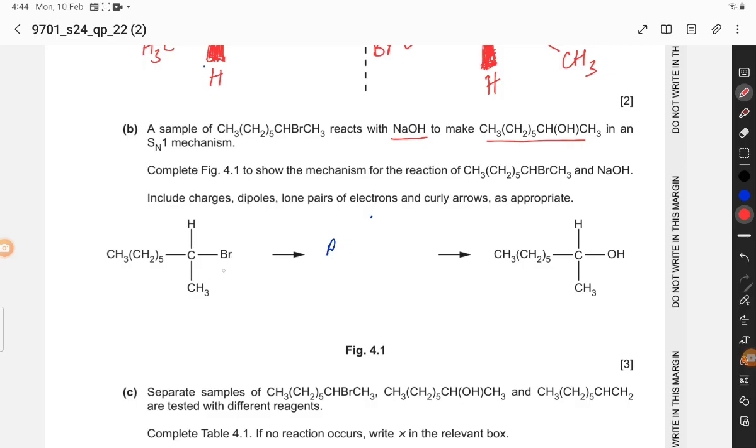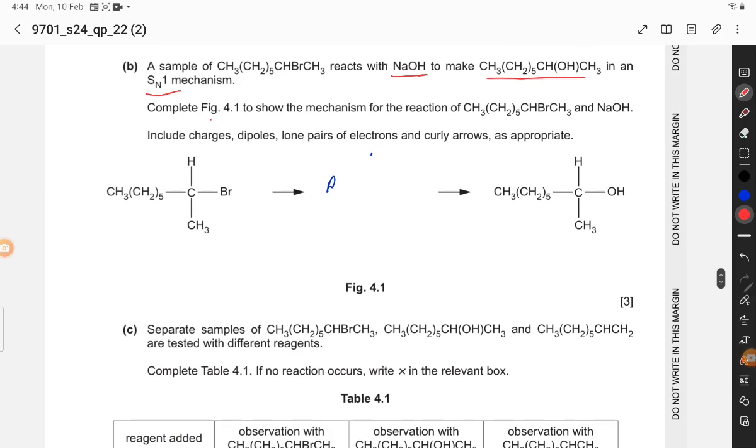Secondary isomer. This is a secondary haloalkane. So SN1 mechanism. Complete figure 4.1 to show the mechanism for the reaction of these compounds and sodium hydroxide. Include charges, dipoles, lone pairs of electrons.